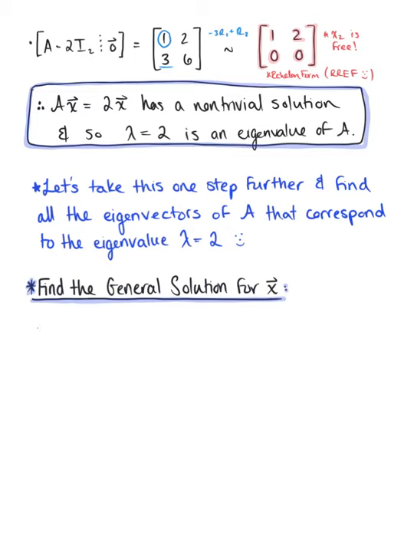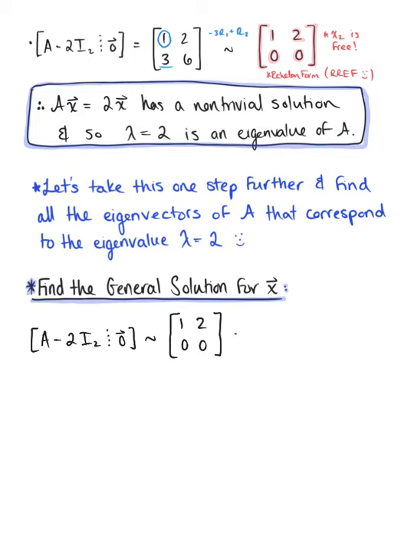We've got the augmented matrix, matrix A minus 2 times the 2 by 2 identity matrix, augmented with the 0 vector. We've already row reduced this to echelon form, so we're ready to go.